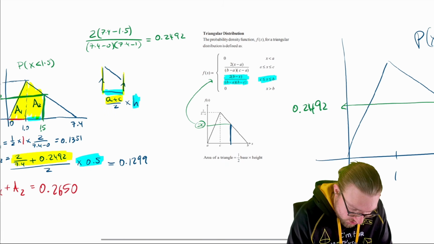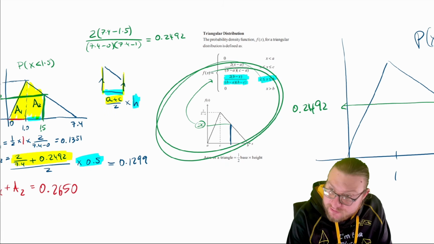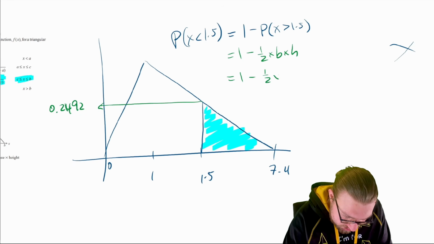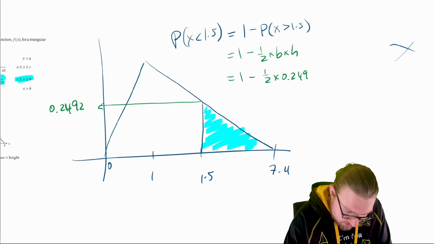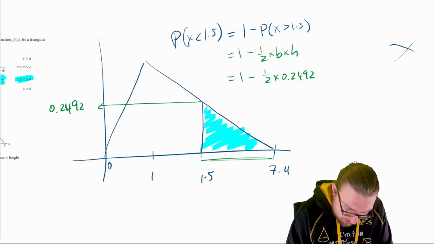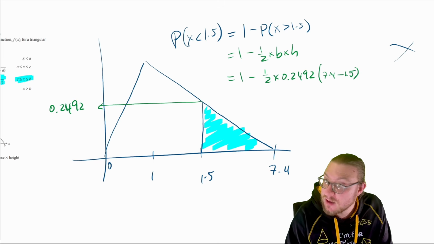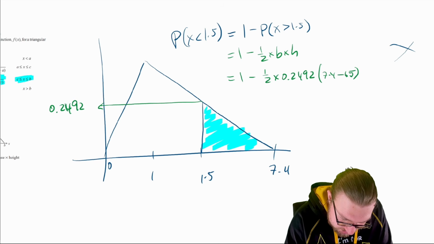So you still have to go through this process and figure out what the probabilities are. But now we can just multiply this number by our base. Our base here is 7.4 minus 1.5.